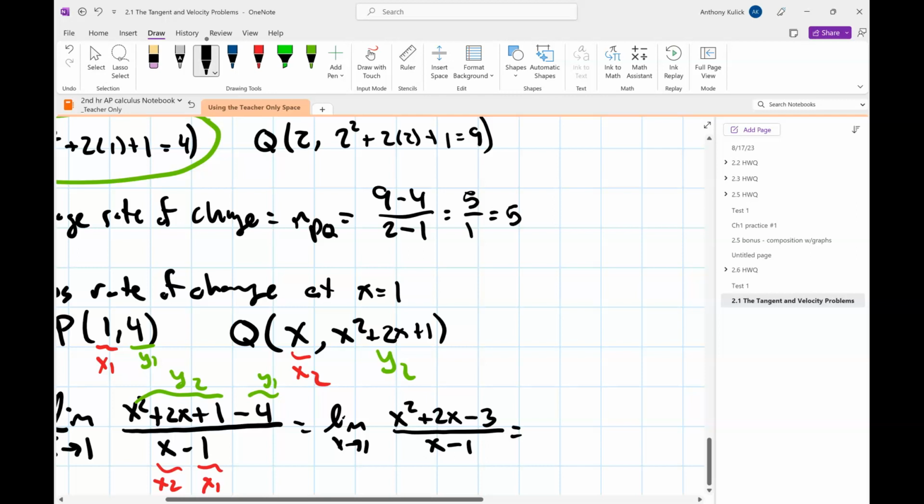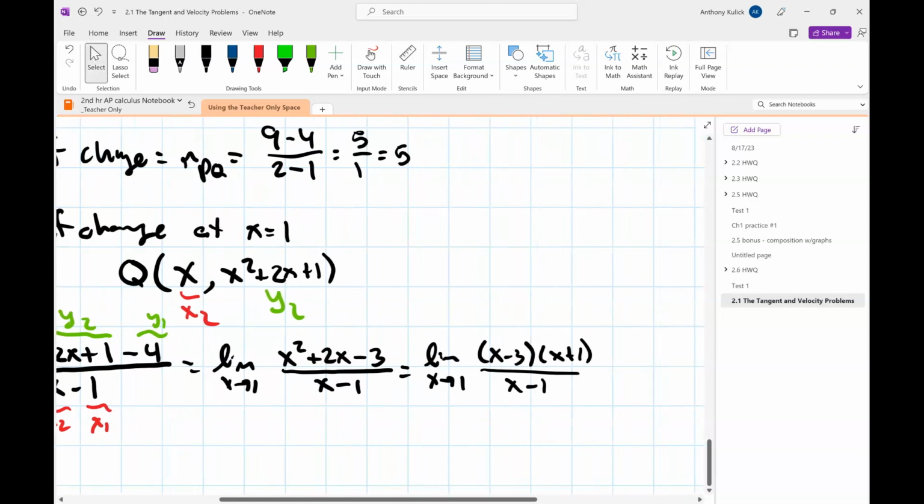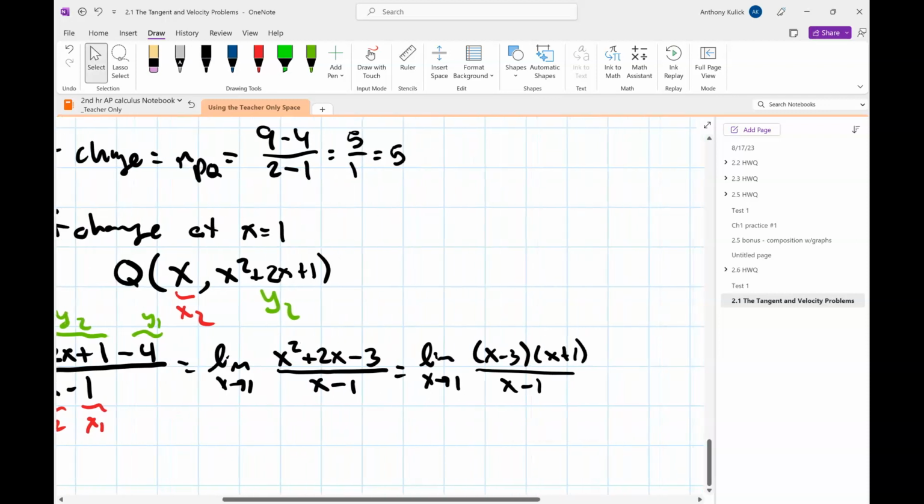So again, I'm going to factor this. So I get x minus 3 times x plus 1. Oh, shoot. I thought I had this worked out to where it was going to work out nicely for us. And now I've messed it up somehow. Anyways, this doesn't work out, but you get the idea of what I'm going to be trying to do here.